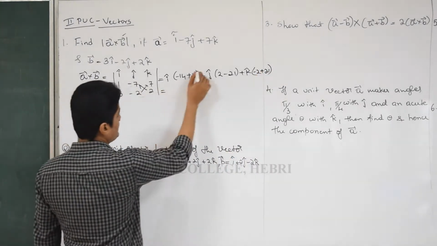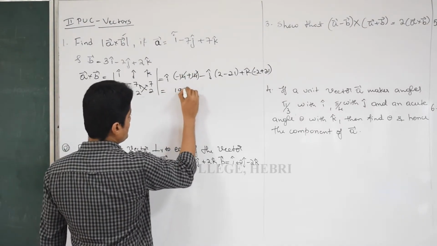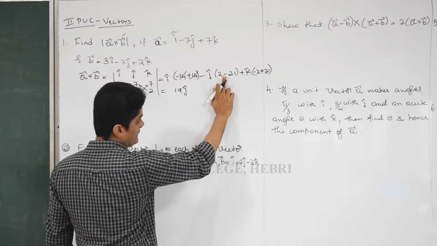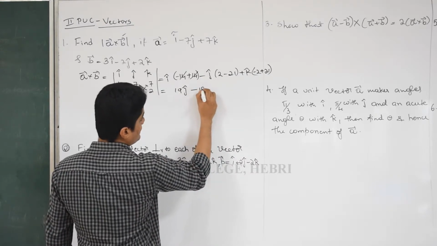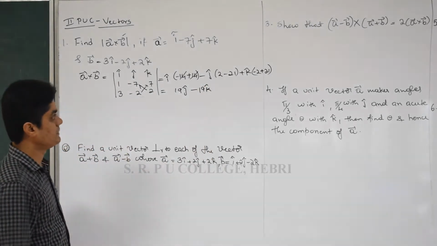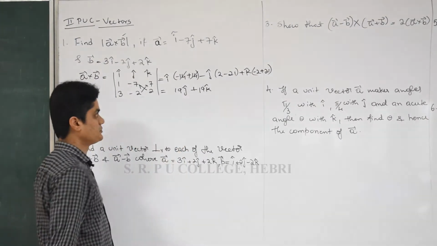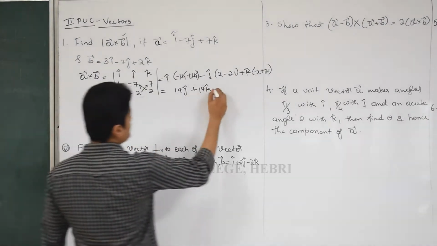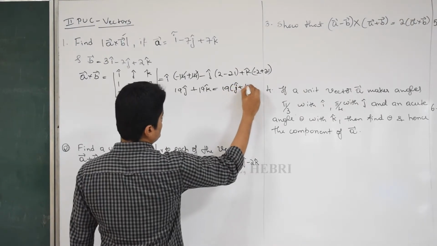So this cancels and becomes 0. So it is 19j, and again 19k. Sorry, here also it is plus, so both will be plus. So you can write this as 19 into (j plus k).